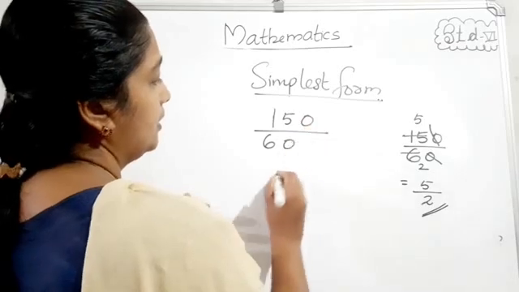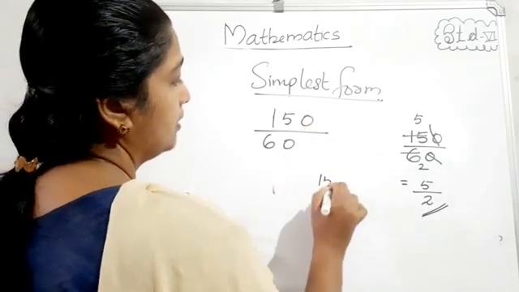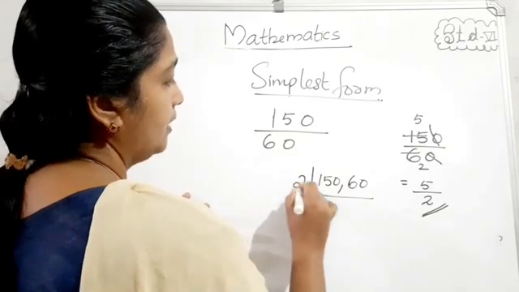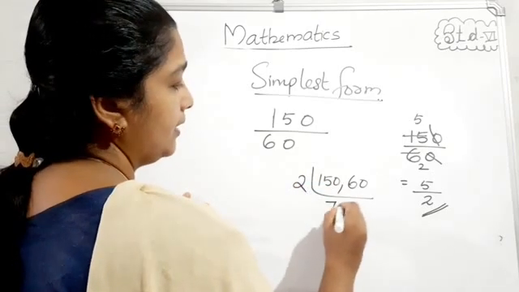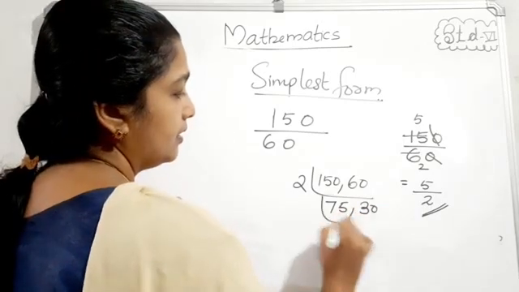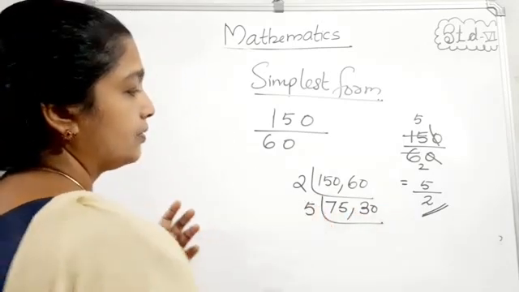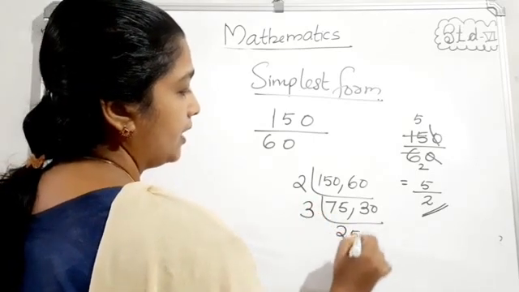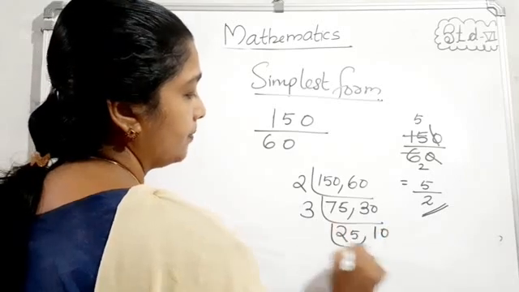So, here 150 comma 60. Then 2 is a common factor. 150 by 2 equals 75, 60 by 2 equals 30. Again 5 or 3, we can take 3. 75 by 3 equals 25, 30 by 3 equals 10.